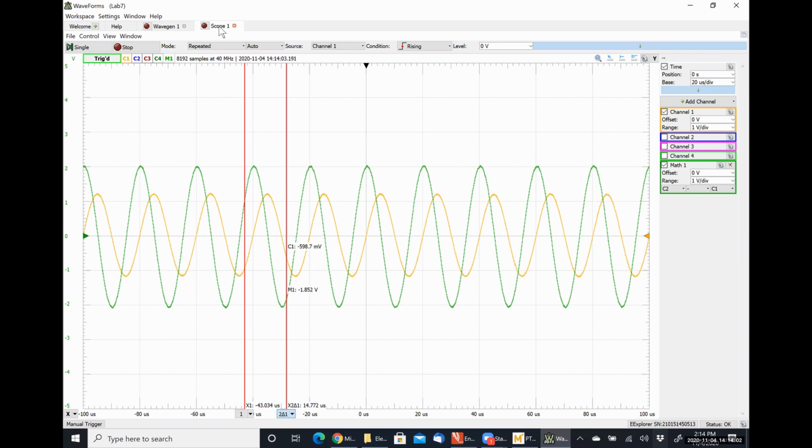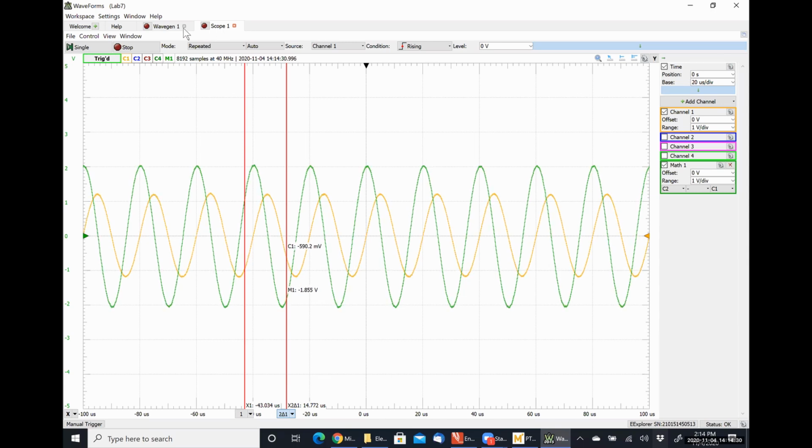Because our relationship is 1 divided by j omega C. So impedance is inversely proportional to frequency in a capacitor. As we increased our frequency, we lowered the impedance of the capacitor, which means we should see that the voltage drop over the capacitor got smaller and the current flowing through the capacitor got larger.